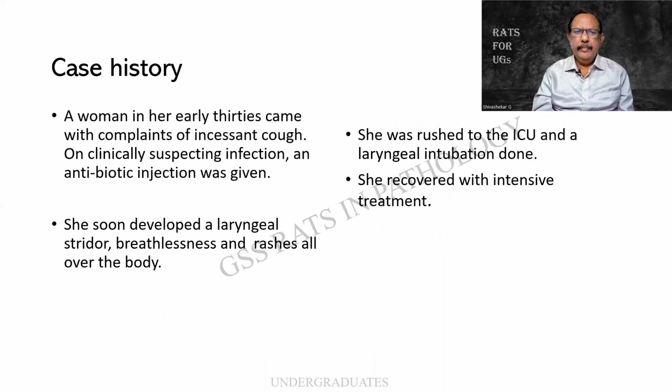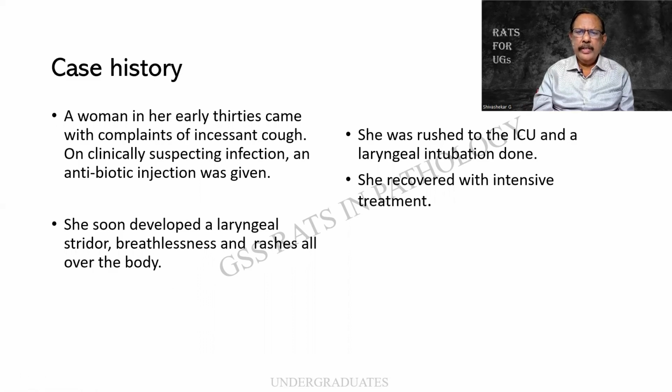A case history. A woman in her early 30s came with the complaints of incessant cough. On clinically suspecting infection, an antibiotic injection was given. She soon developed a laryngeal stridor, breathlessness, and rashes all over her body.